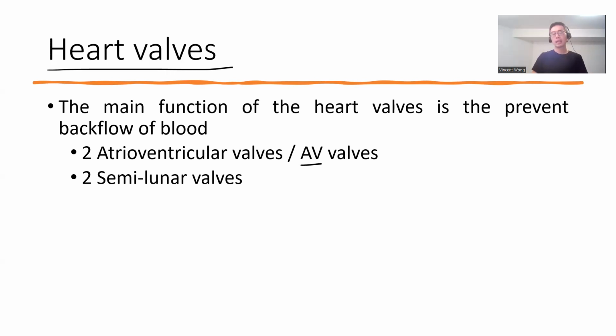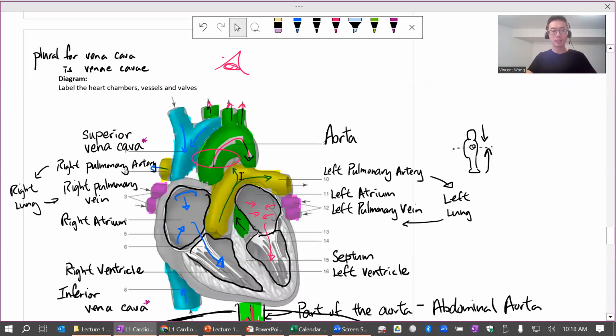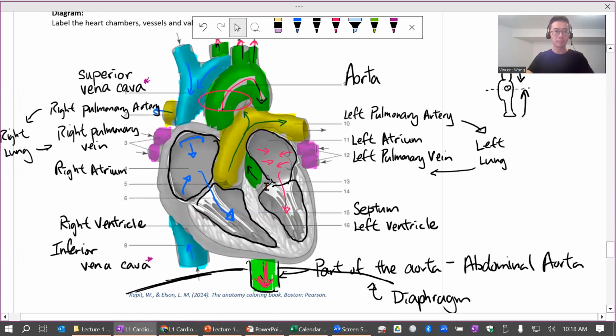The other group is called semilunar valves. The person who named them decided that they look like half moons. So, semilunar valves. Let's go back to our diagram here, and we will label them.